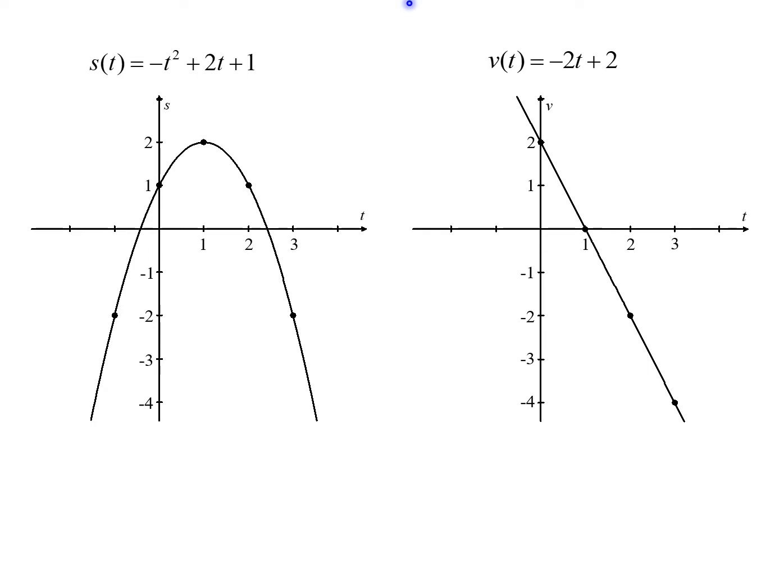We have this question. Well, what is the instantaneous velocity at time 0? Well, the instantaneous velocity at time 0 is just v of 0. So let's take a look at this graph.